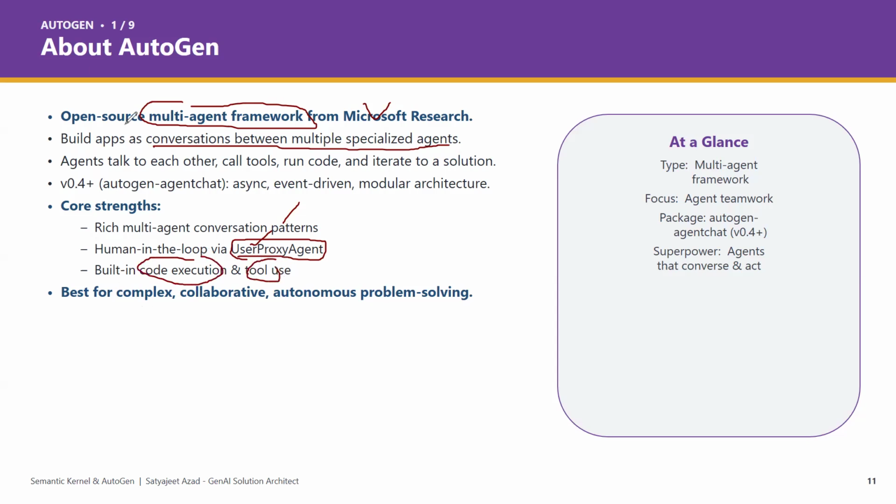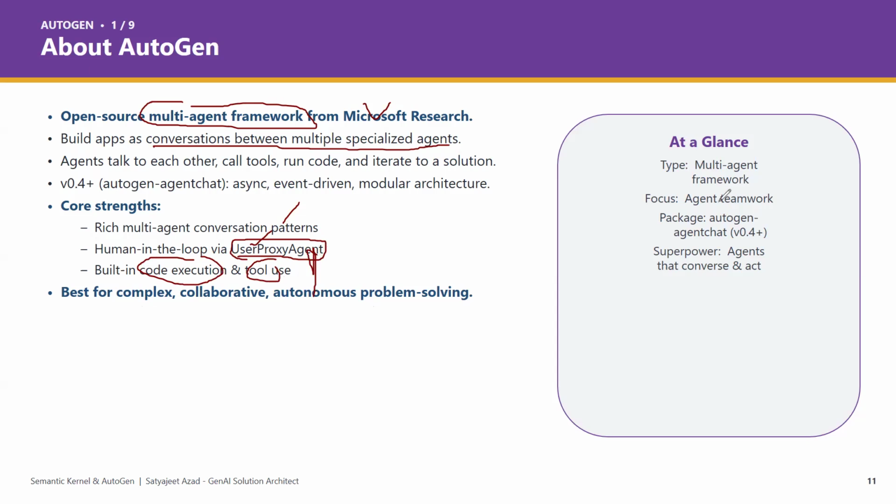So there are a lot of things in AutoGen which are inbuilt. That is why, if our use case demands it, we use AutoGen. We can use this for complex, collaborative and autonomous problem solving. But again, we have human in the loop, which other frameworks don't have. You have to explicitly bring in the human in the loop, but here it is inbuilt.